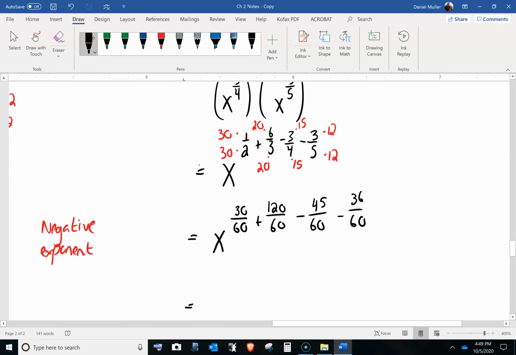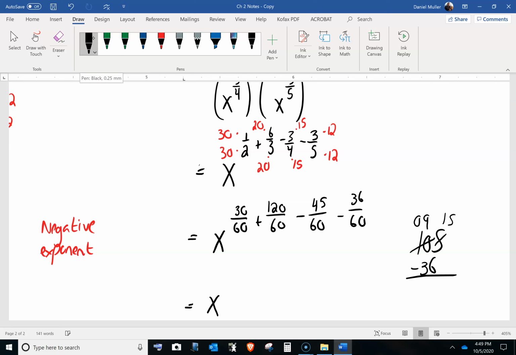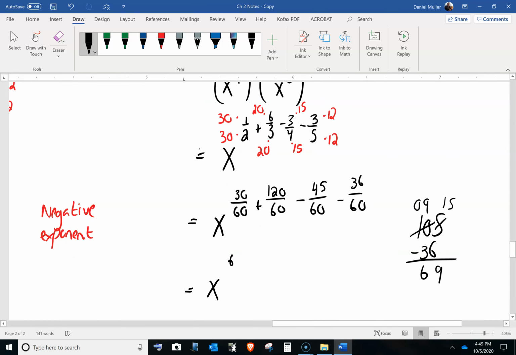So now I can go 30 plus 120 is 150. 150 minus 45 is 105, and then we can minus 36. So 5 minus 6 can't do it. So borrow from that. Instead of a 10, it's going to be a 9. This is going to be a 15. 15 minus 6 is 9. 9 minus 3 is 6. So I have 69 over 60.